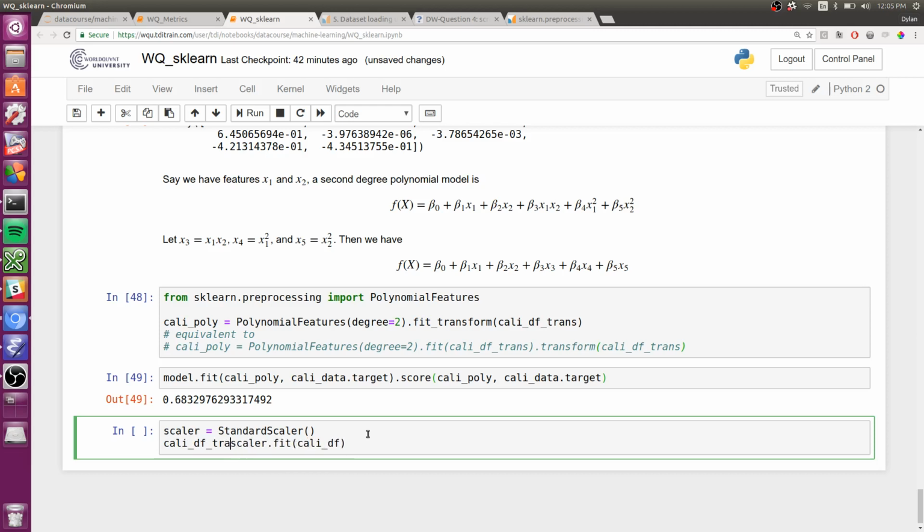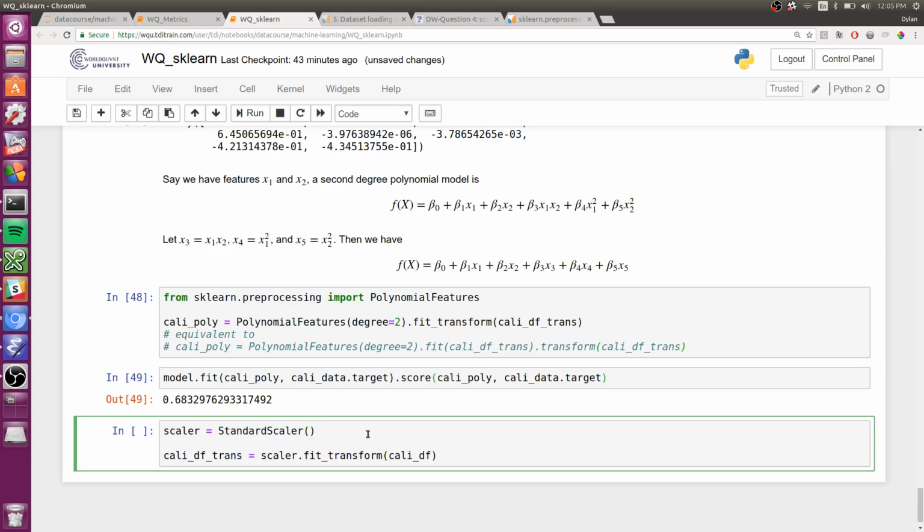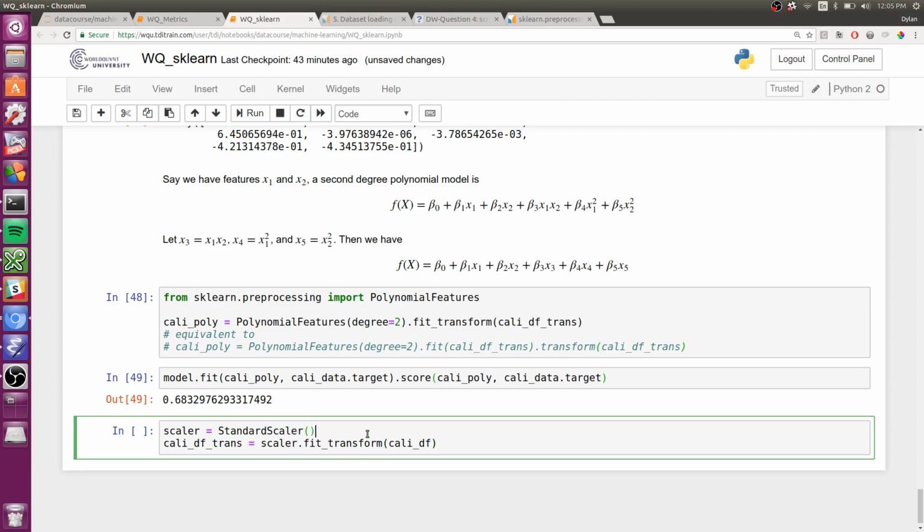And we made this Cali DF trans data frame.